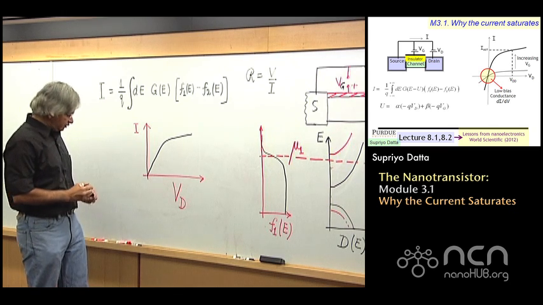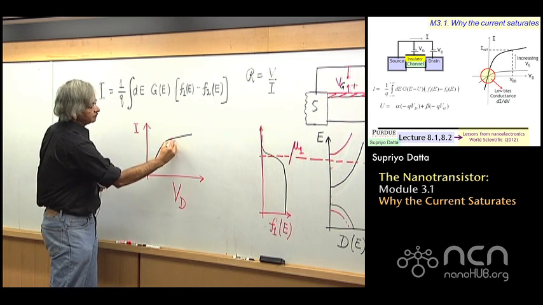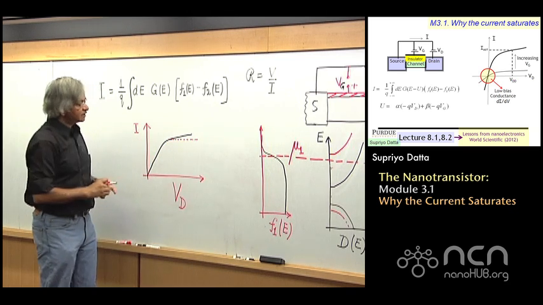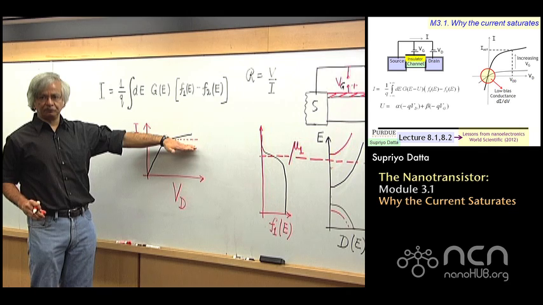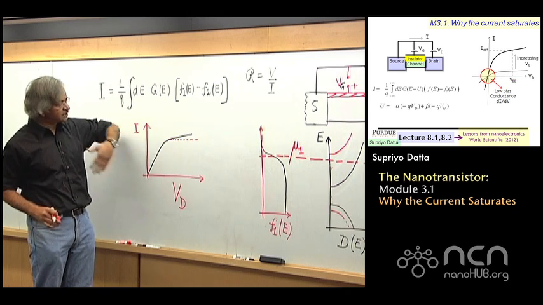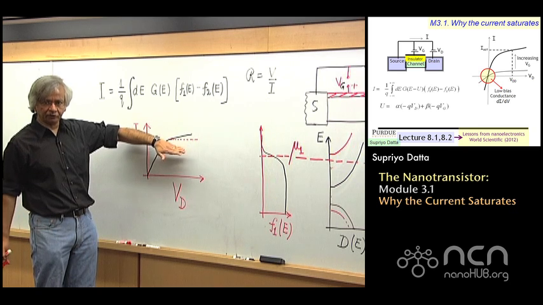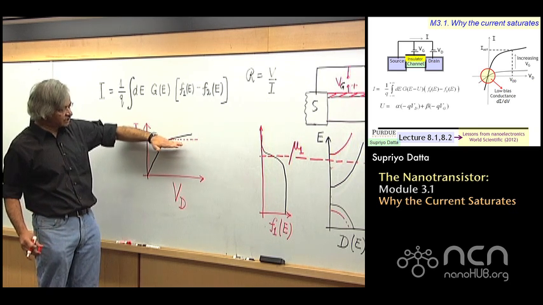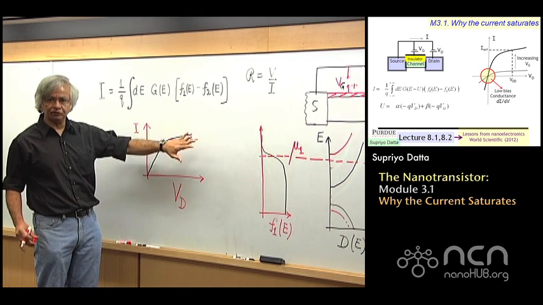Indeed, ideally, what people would like it to do is essentially saturate. Because if at high voltages the current becomes independent of voltage, that helps build circuits with these devices for reasons that we are not going into. But ideally, you would almost like it to give you a current that's independent of the voltage.